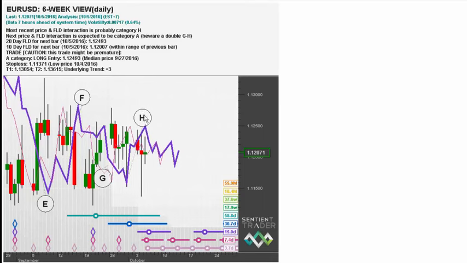But in fact, the current interaction, as you can see up at the top, is an H category interaction, and therefore we are also, according to this analysis, in a short trade, that H category short trade, as price moves down to the 80-day cycle trough. And so the change in the analysis has shifted your trading to some extent, of course, but it hasn't completely reversed the direction of your trade.